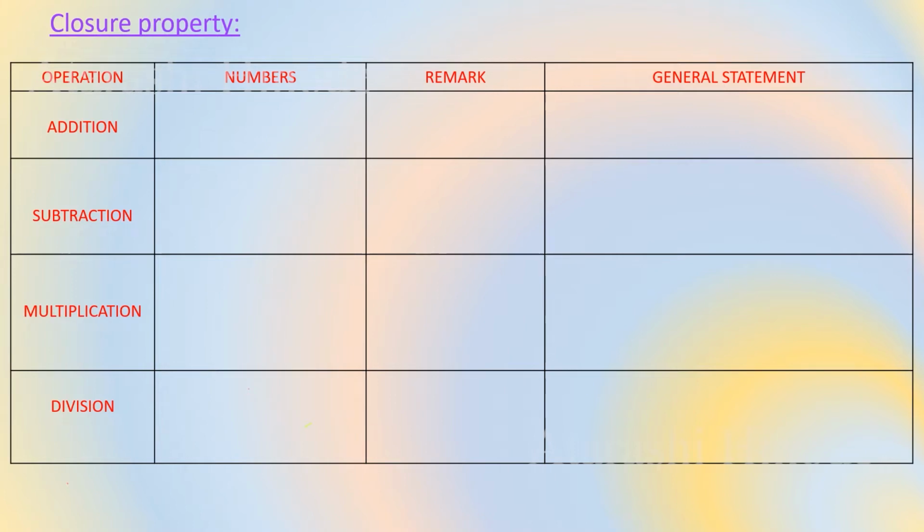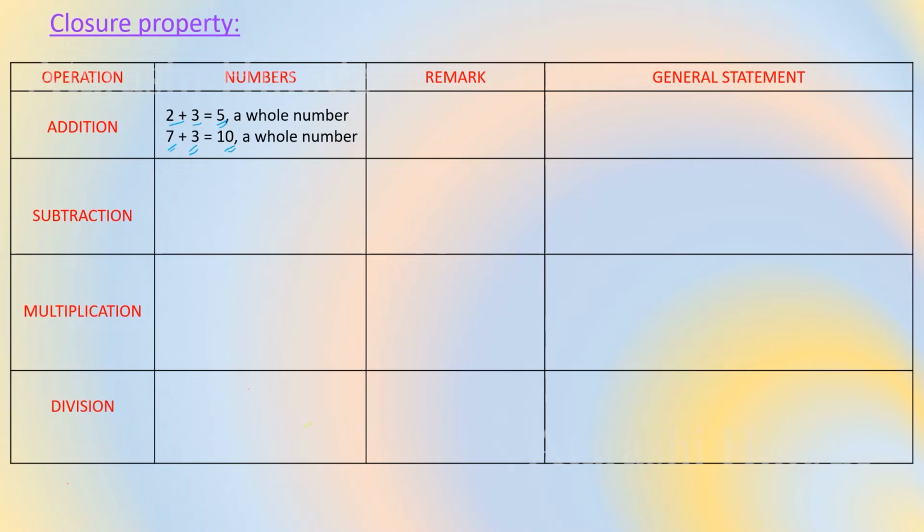First one is addition. We know 2 and 3 are whole numbers, and when we add 2 and 3 we get the sum 5. 5 is also a whole number. Also 7 and 3 are whole numbers. 7 plus 3 equal to 10. 10 is also a whole number.